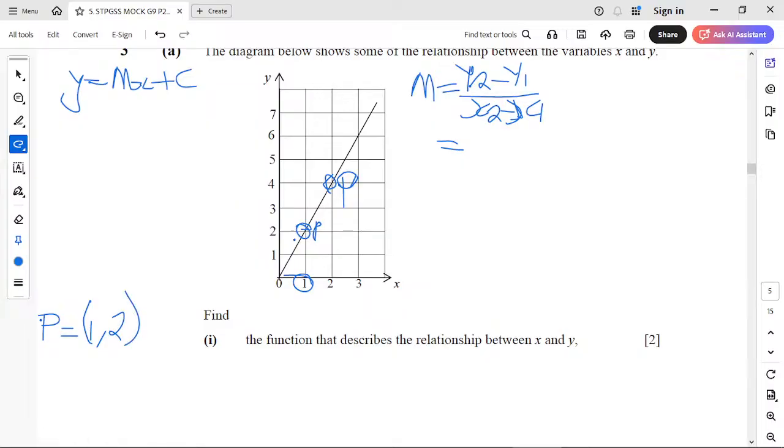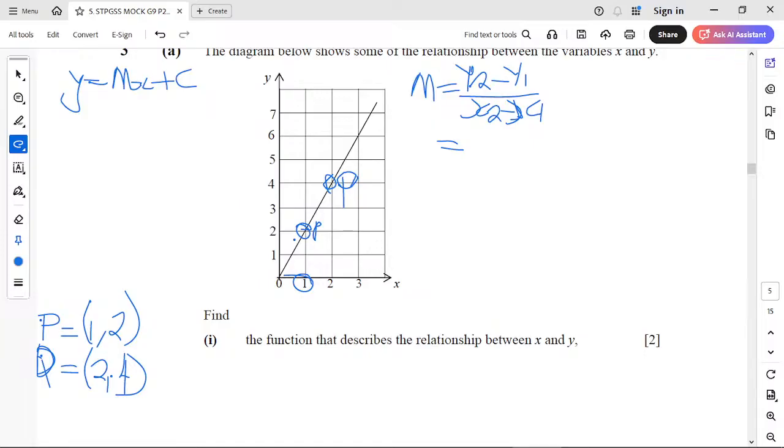That is the coordinates for P. The coordinates for Q: the reading of x on Q is 2, comma, the reading of y on Q is 4. We close the bracket like that.